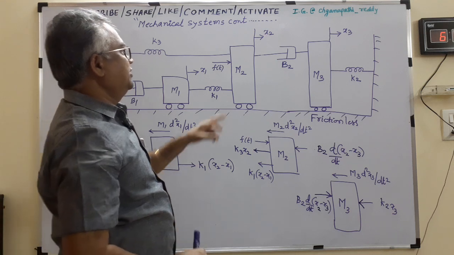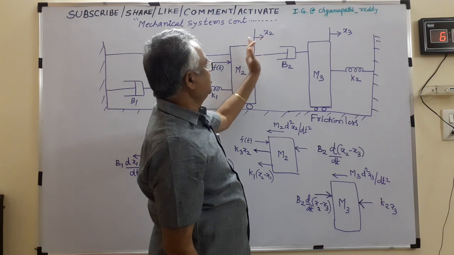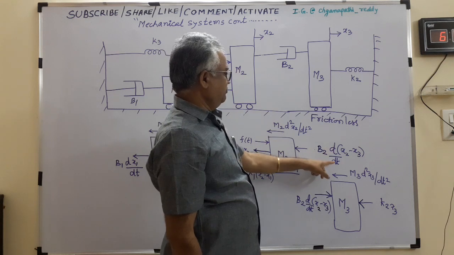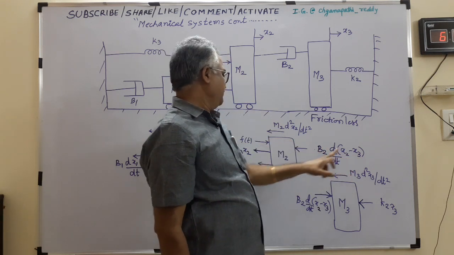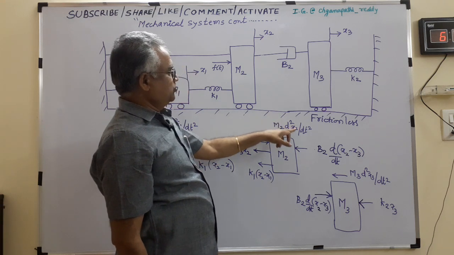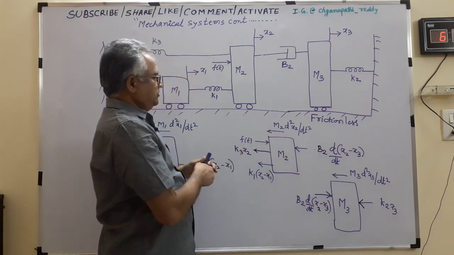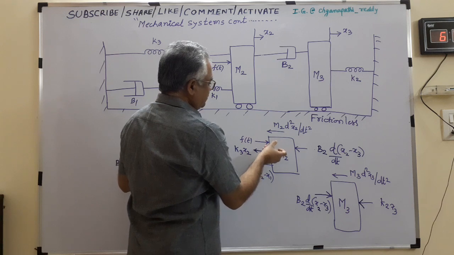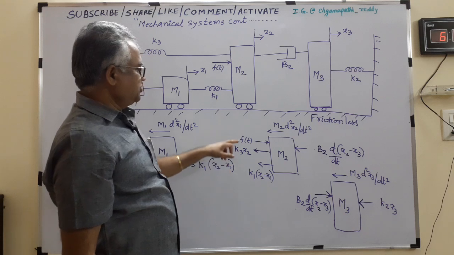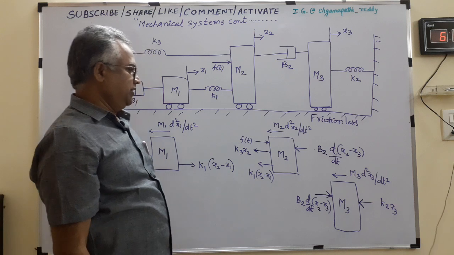X2 is more, so when I apply force here, x2 moves more and x3 moves less. So the opposite force is B2 d by dt of (x2 minus x3). Then the opposite force M2 d square x2 by dt square. All of these are working against. So when we apply force to face these forces, we write the equation: f of t is equal to this plus this plus this plus this.